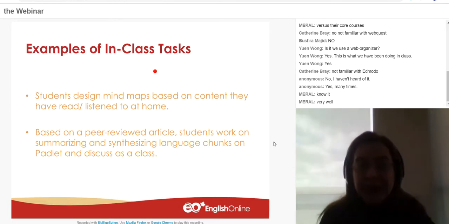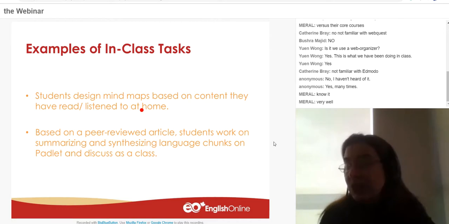And for the in-class tasks, students can design mind maps based on the content they have read or listened to at home. So here comes the role of Padlet. So you can use Padlet in this way, okay?